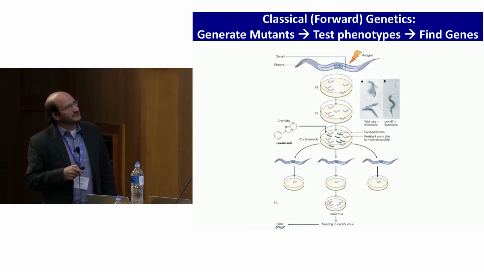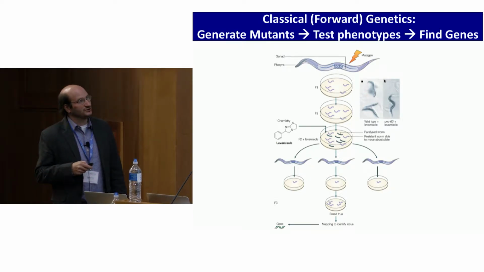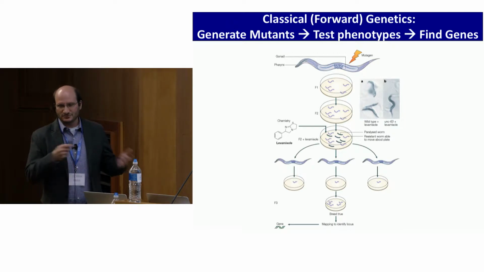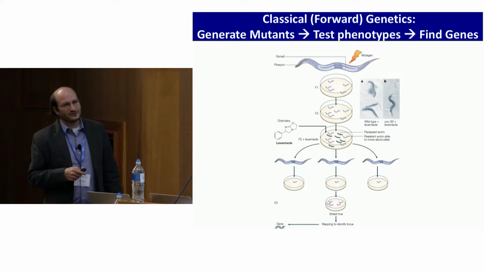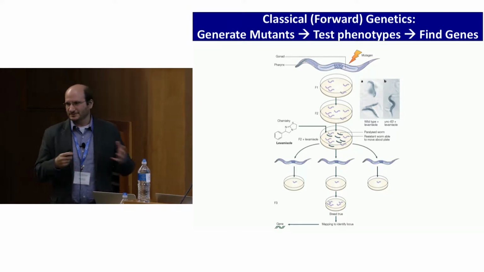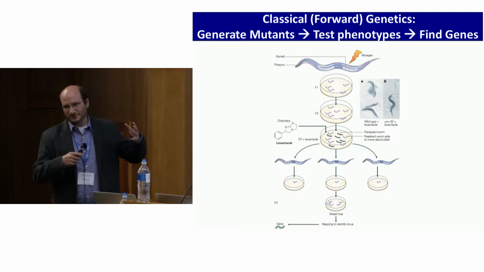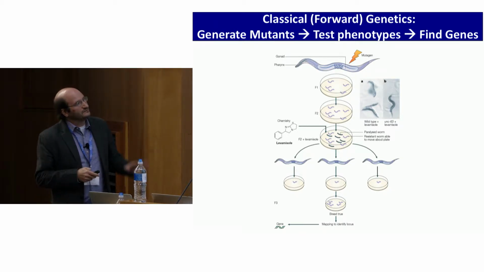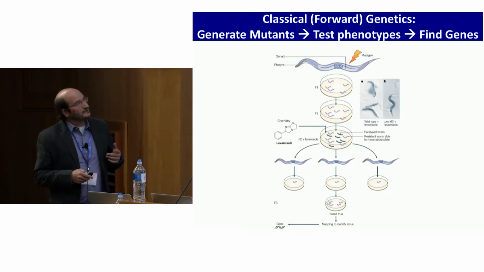Here you take an organism, you mutagenize it, you select for some kind of a phenotype that you're interested in, say resistance to a drug, and then you find the gene that's responsible for that phenotype, usually by complementation or something like that. And this was, for a very long time, the way that people did genetics in an unbiased fashion. Of course, you can also study heritable traits and find genes that way. But this is the way that people have been doing genetics for a long time.